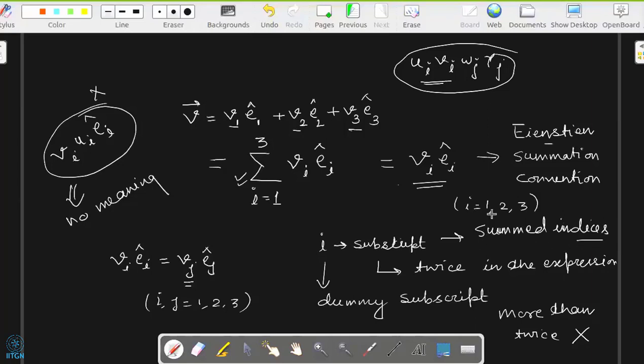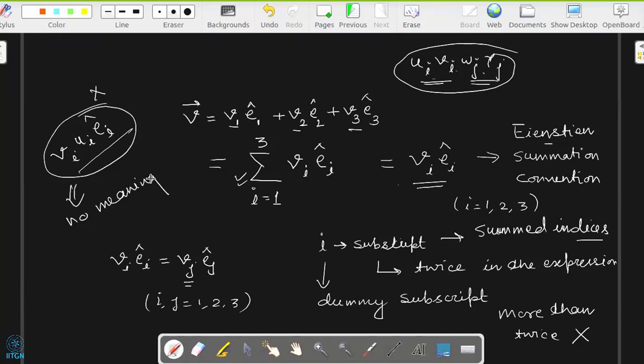So we can use two here, i and j, two summed or dummy indices have been used, but we cannot use ui, vi and ei. Thrice is not possible. More than twice is not possible because it does not have any physical significance. That is the reason.